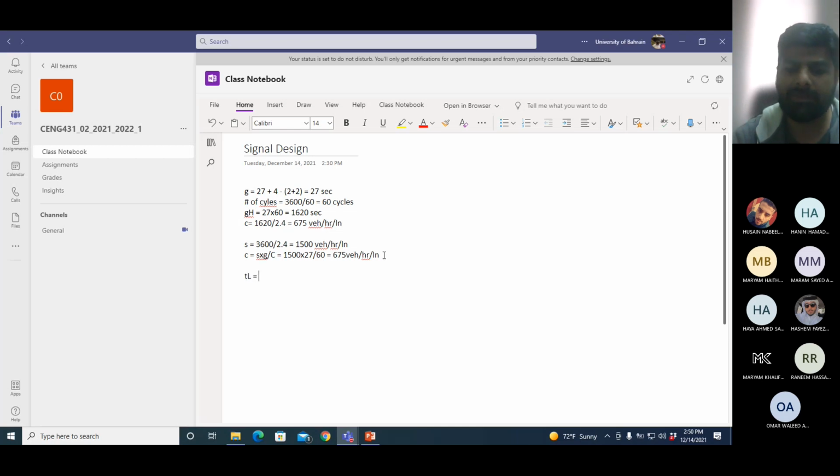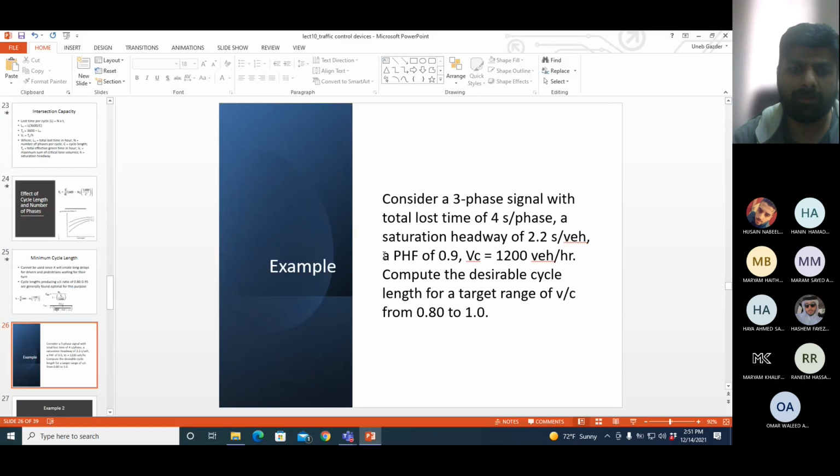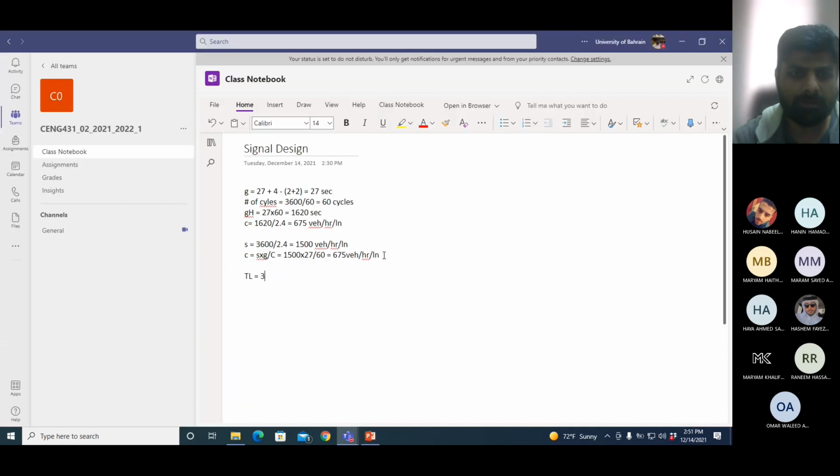We have 3 phases, so N is 3. TL is 4 seconds per phase. Saturation headway is 2.2 seconds per vehicle.